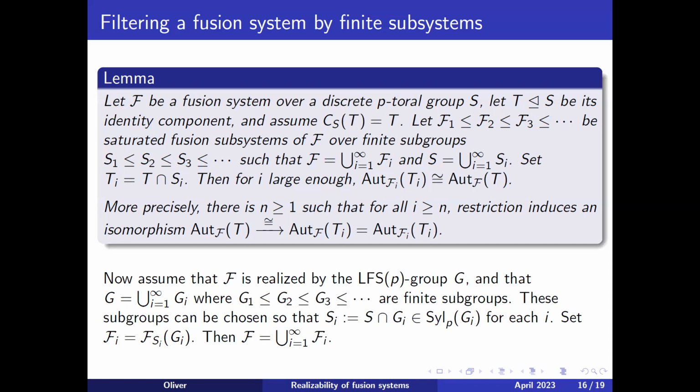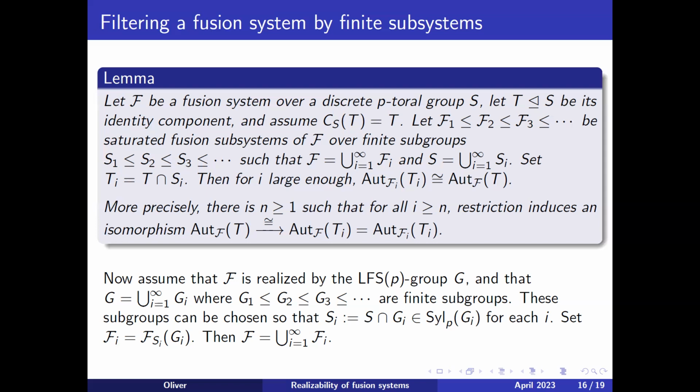Okay, and so what we're going to do is assume that F is realized by some LFS of p-group G, and we can assume that G is countable. So write G as an increasing union of finite subgroups. It's important to choose them so that S_i, the intersection S intersect G_i, is a Sylow subgroup.